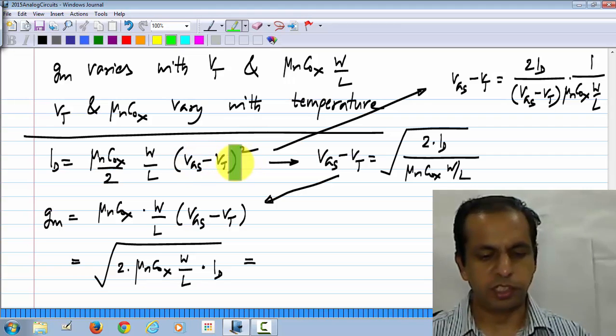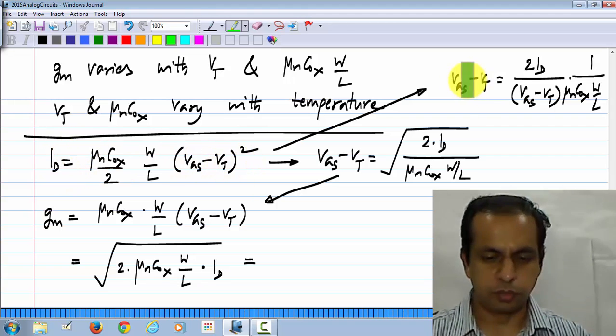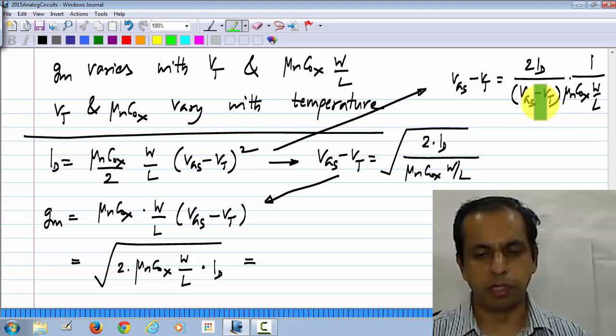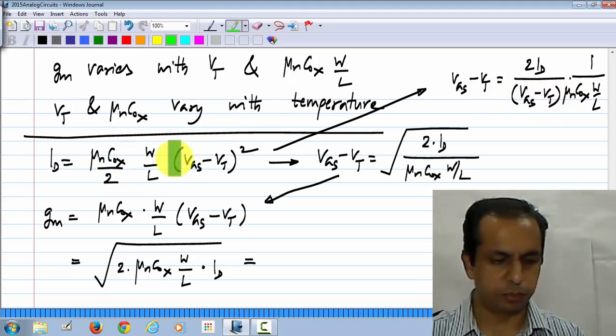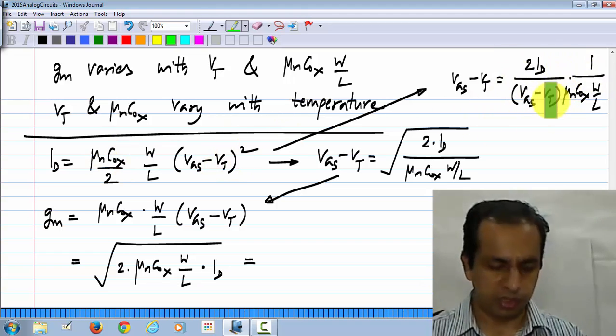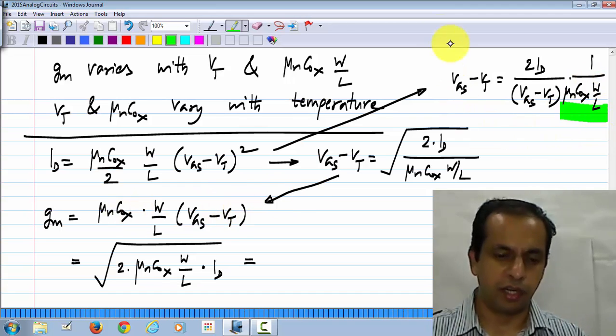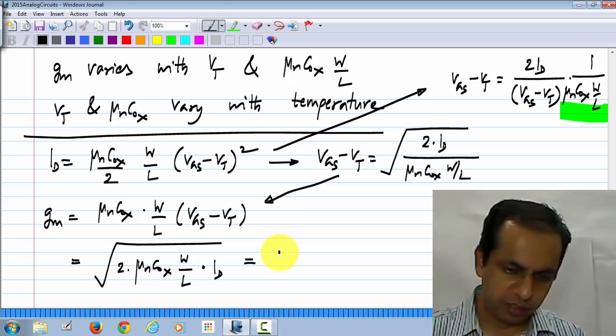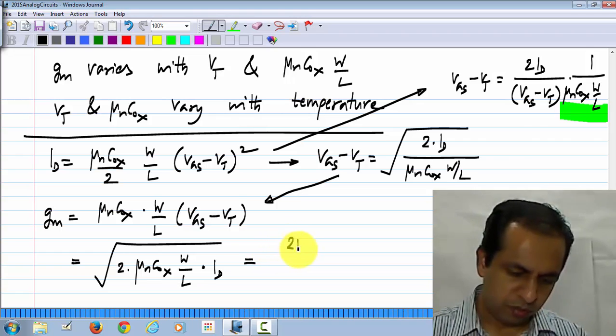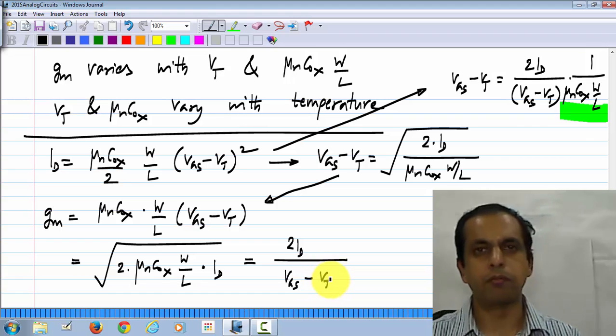I have not written VGS minus VT in terms of ID alone. VGS minus VT appears in both places, but this expression is correct. It's just a rearrangement of this. And if I substitute that in here, this part will get cancelled out and I'll get 2 times ID divided by VGS minus VT.